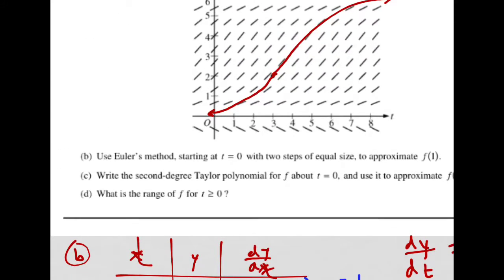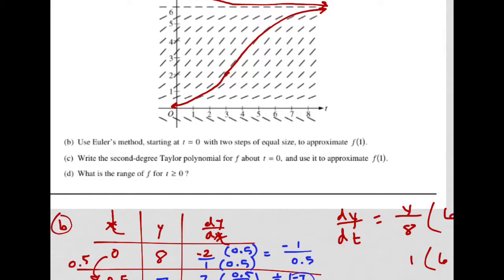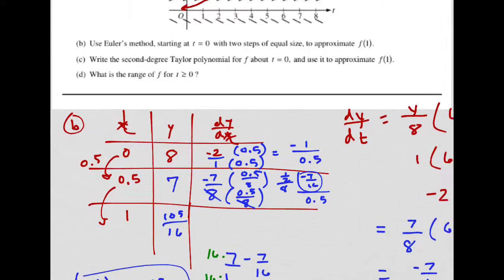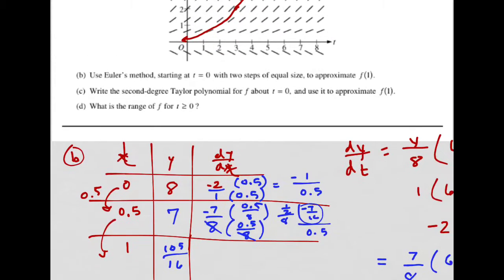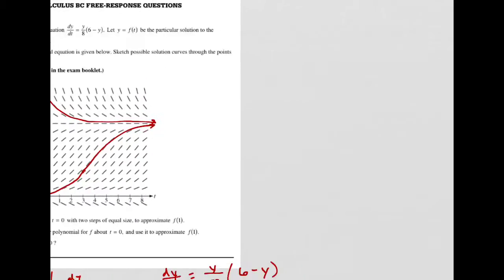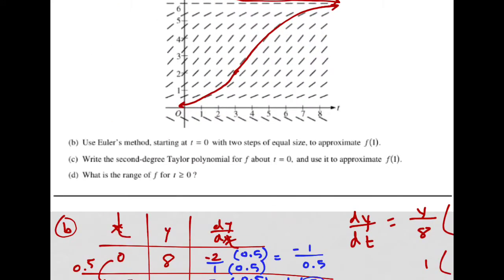Write the second degree Taylor polynomial for f about t equals 0 and use it to approximate f of 1. So we should get something close to this. It says write the second degree Taylor polynomial for f. We could do that pretty easily because we have the Taylor series formula. Is it centered about 0?